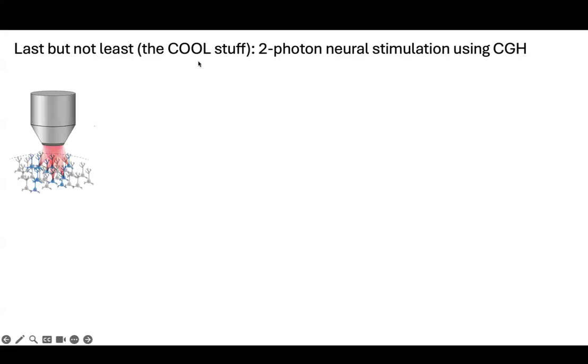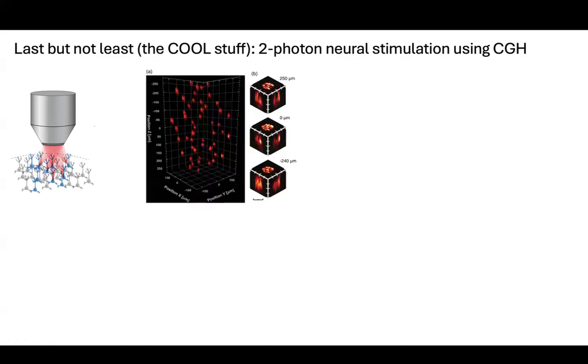so as we mentioned with two photon microscopy, you can confine your focal point at a very confined area in the brain, and you can penetrate the brain to around several hundred microns.